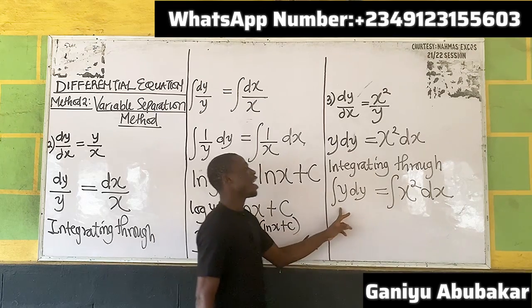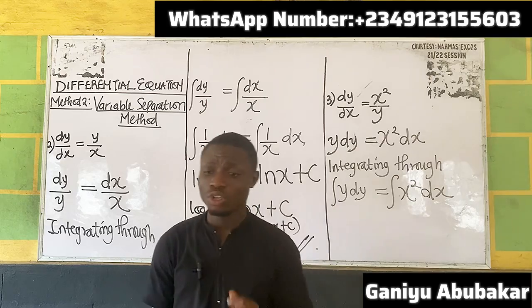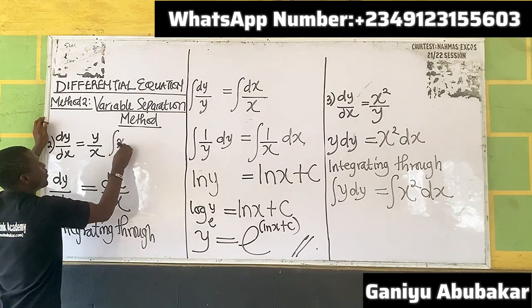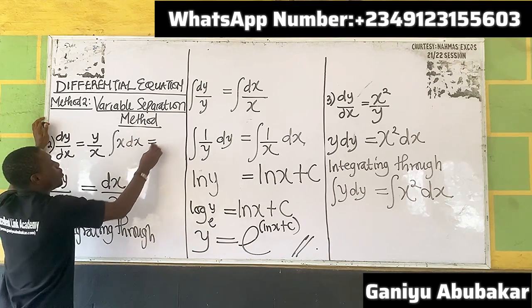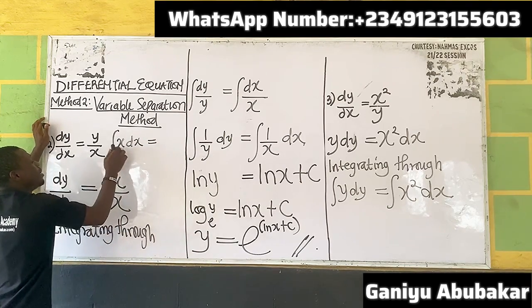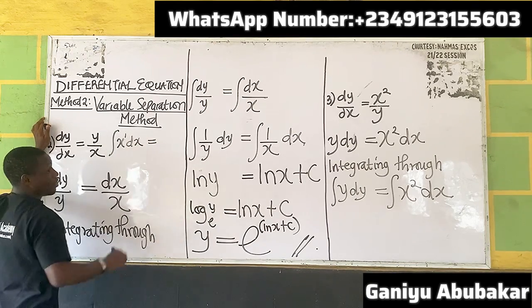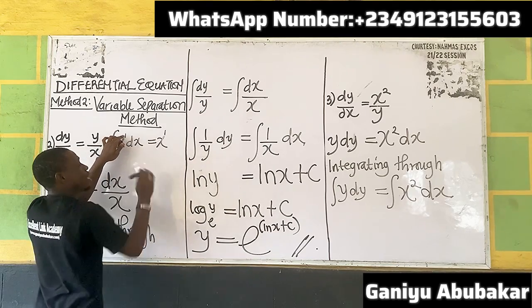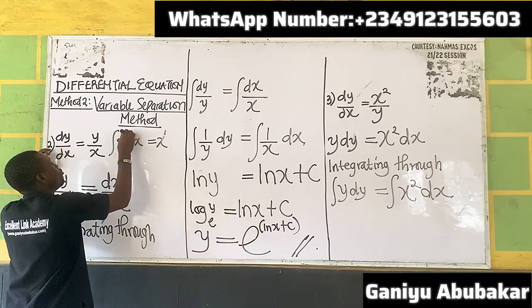In this case here, I'll be applying the general method of integration. If I integrate x with respect to x, it's easy. This x already has an invisible power. Let me put 2 here.